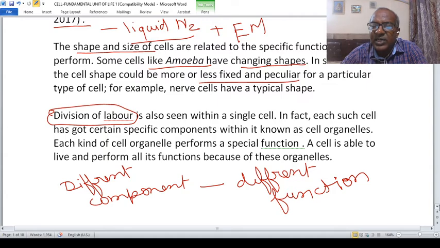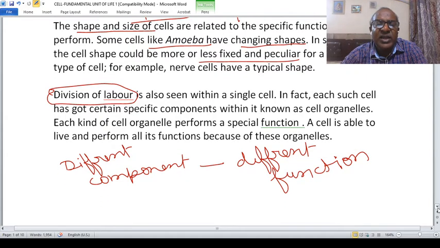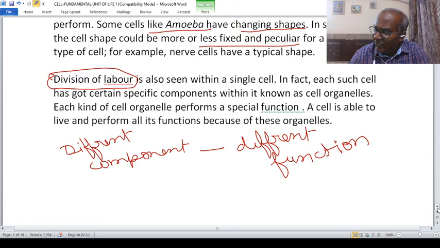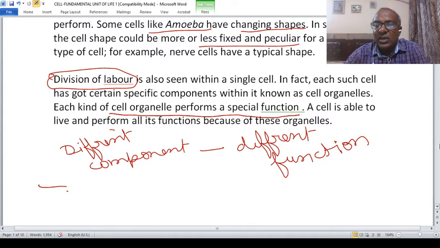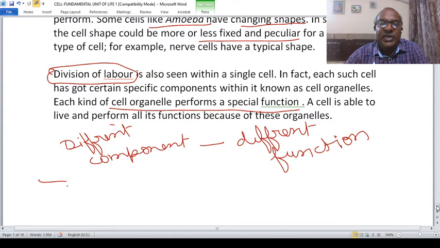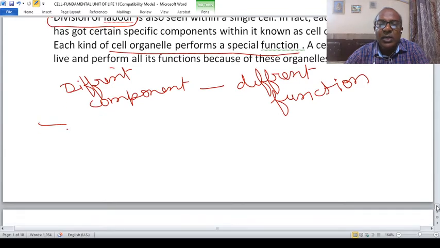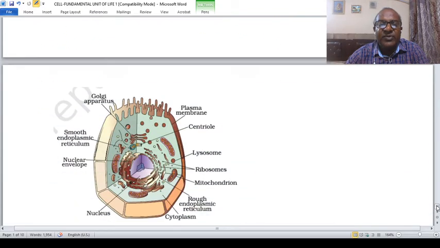Due to specialization, the different cell organelles perform their functions, and this helps the cell in maintaining its function in an effective manner. Due to this division of labor and specialization, they are able to perform in a better way.